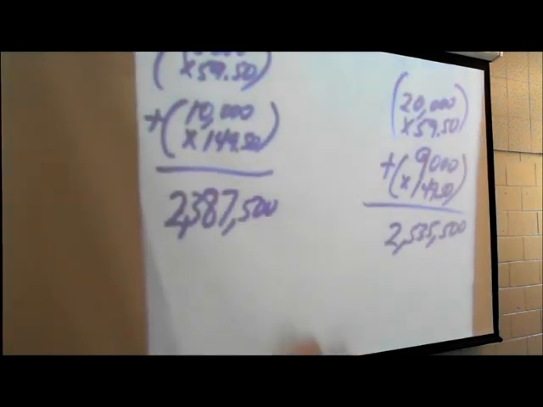So our activity variance is what? What's the difference in those two? 148,000 unfavorable.